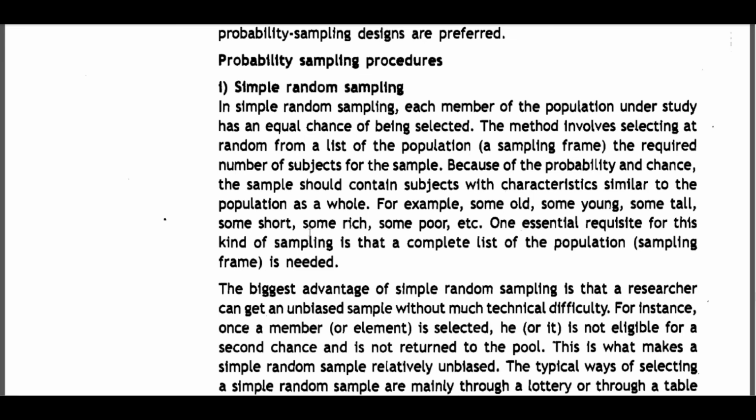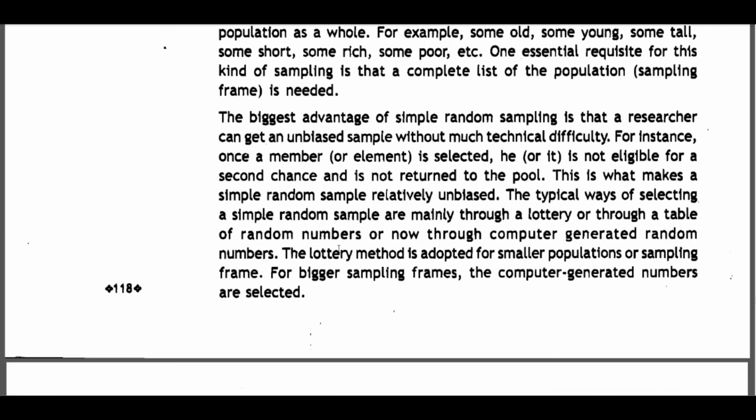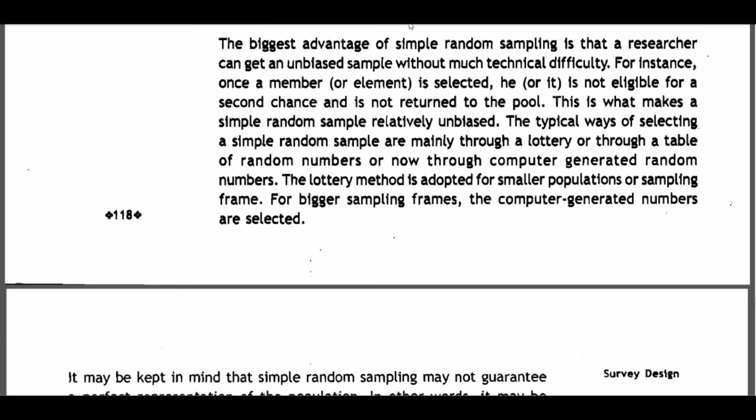One essential requisite of this kind of sampling is that the complete list of the population, the sampling frame, is needed. One of the best advantages of simple random sampling is that researchers can get an unbiased sample without much technical difficulty. For instance, once a member or element is selected, he is not eligible for a second chance and is not returned to the pool.